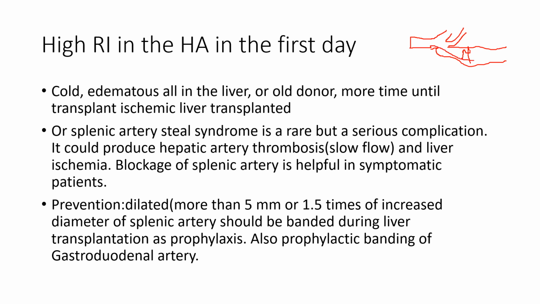All blood goes here. A high resistance index in the common hepatic artery, or even a dilated gastroduodenal artery, like the splenic artery or gastroduodenal artery, both cause steal syndrome and ischemia to the liver with high resistance.